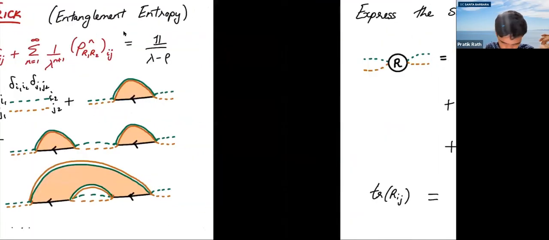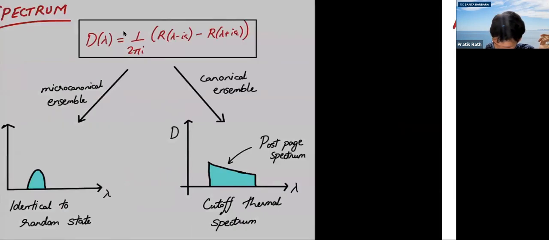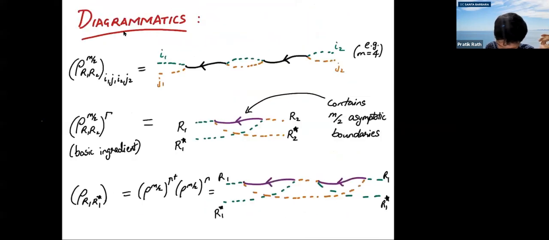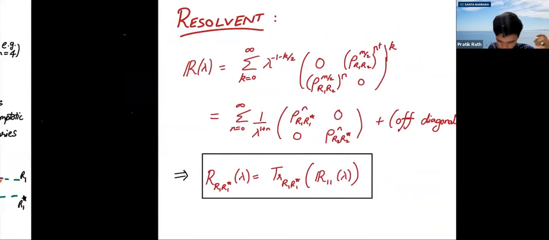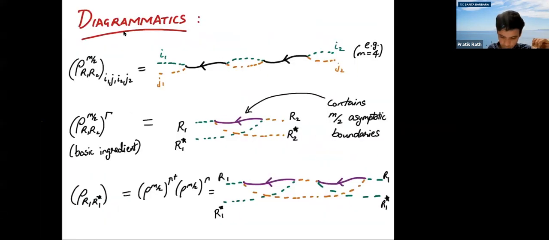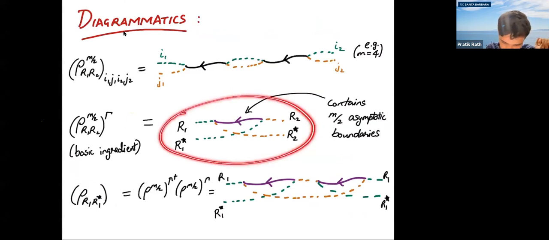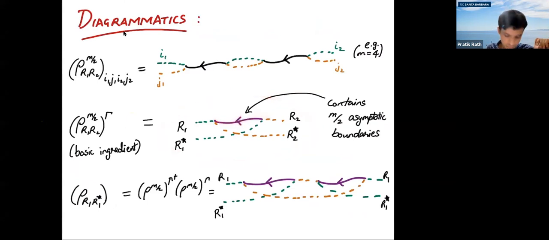Okay, so where was I? Okay, good. So going back to the reflected entropy diagrammatics. Now what we're using is this basic ingredient where we have these m/2 asymptotic boundaries, which have these two green index lines, which correspond to the state on R1 star.